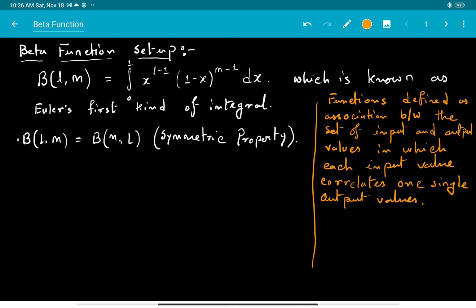We can prove this symmetric property from the definition of beta function.